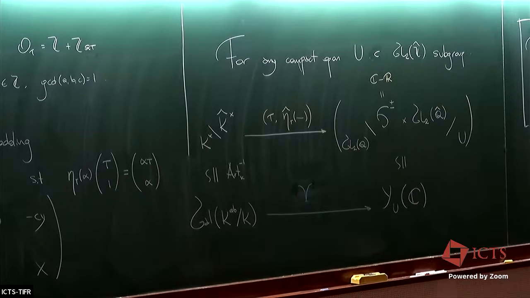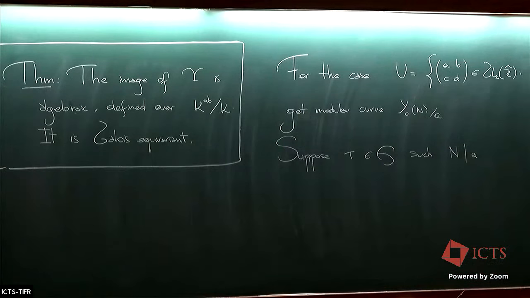So suppose that tau is in the upper half plane and satisfies the condition that n divides this first coefficient A. And that's a well-defined condition, right? Because I said A, B, C have to be in Z and their greatest common divisor has to be 1. That pretty much pins it down up to plus or minus 1. So this condition is uniquely determined.